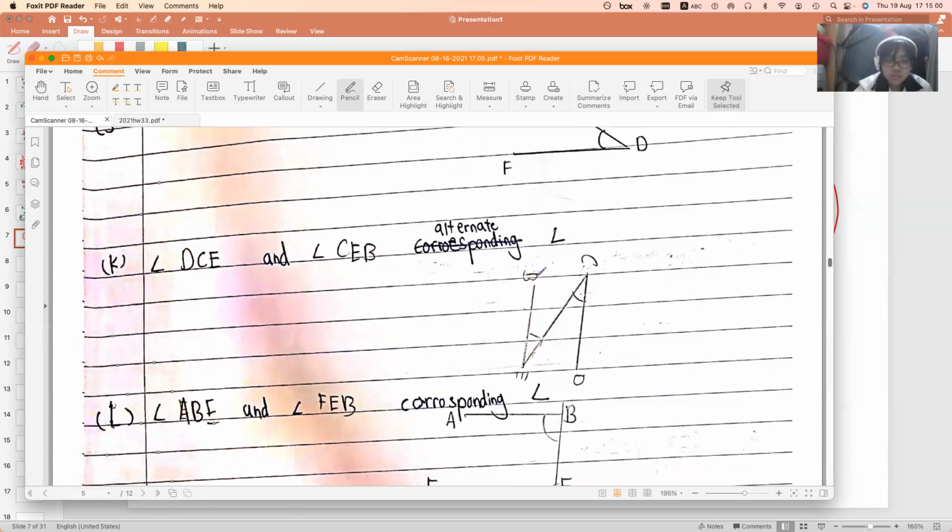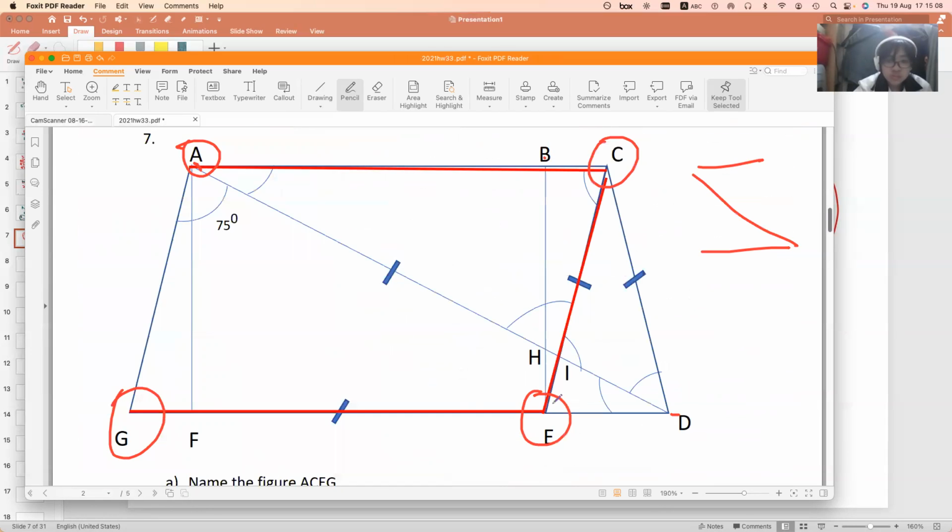This is what? B, C, D, B, E. BECD. Let me see. BECD is not. You know why? This is BECD. Do you know why this is not an alternate?